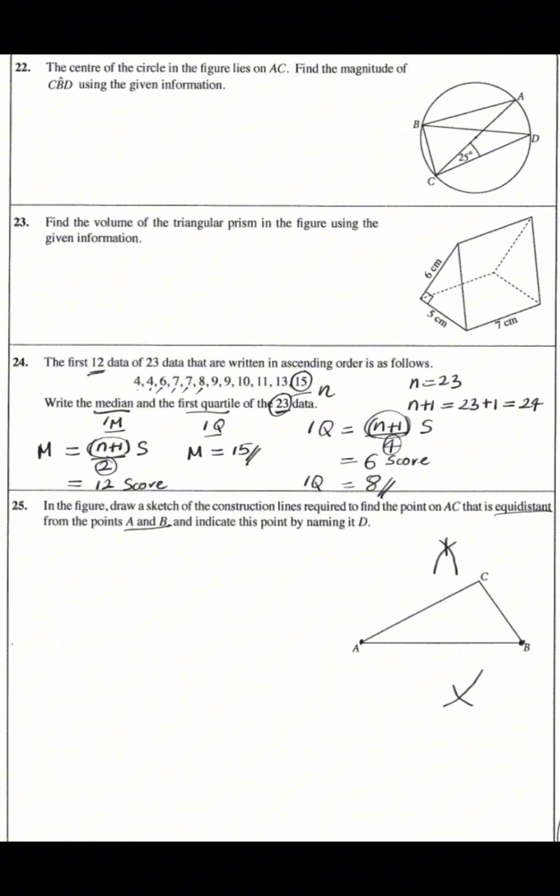Where it cut, you connect with a ruler, then this will be perpendicular to this one, as well as this line will be the bisector of AB. Now this cutting point you need to mention as D. That is the answer for 25th question.